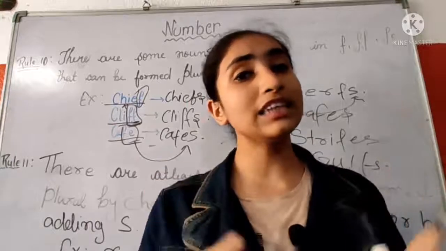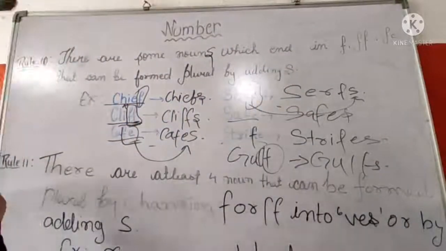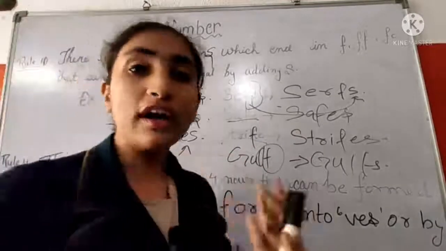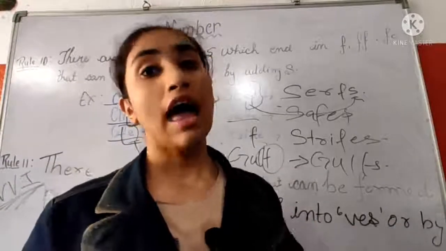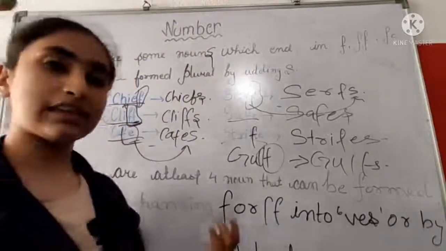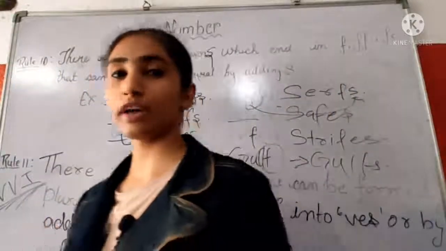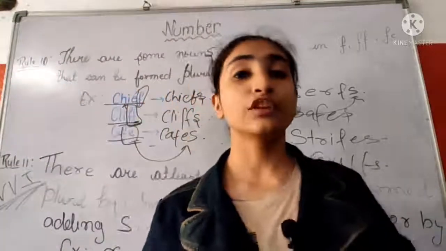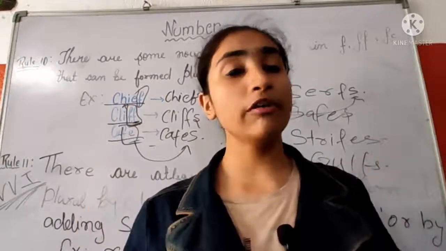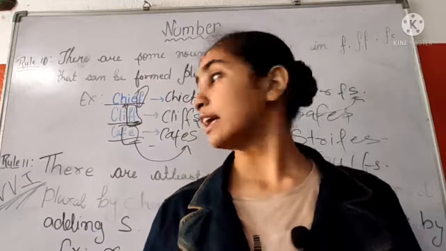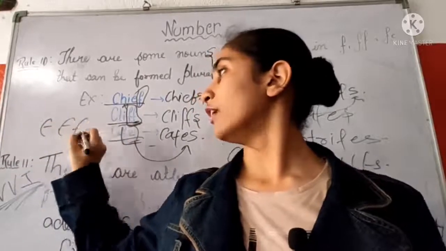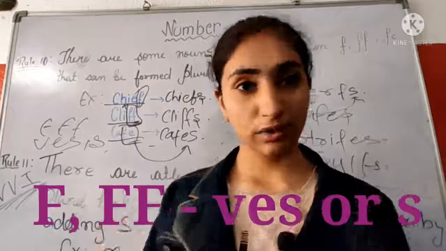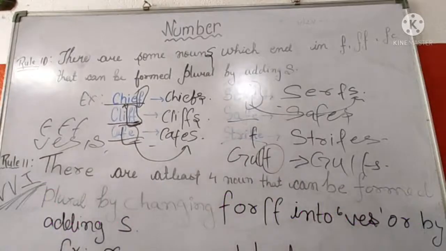Again I am repeating, this rule is also a VVI rule, a very very important rule, and you will have to note down this rule in a copy because it will help you whether you are students of competition or students of school. Okay, let's understand it by example.